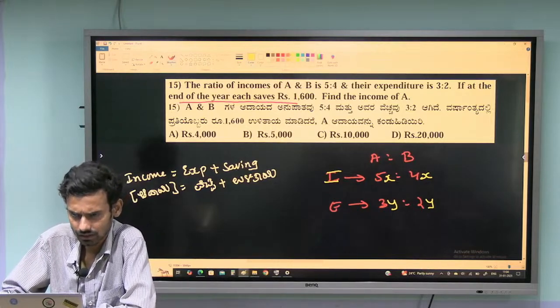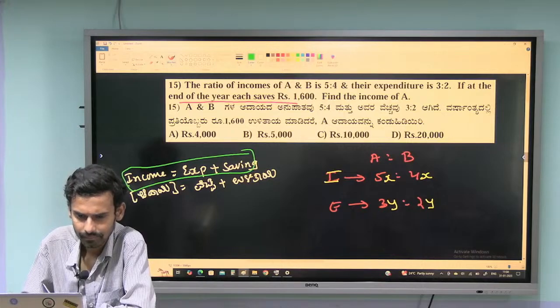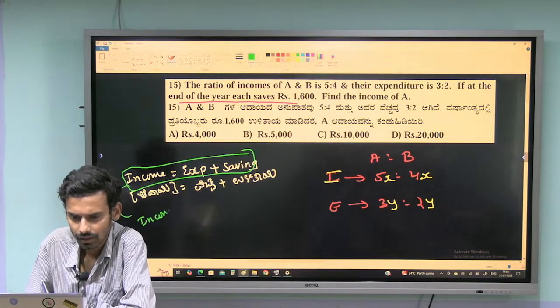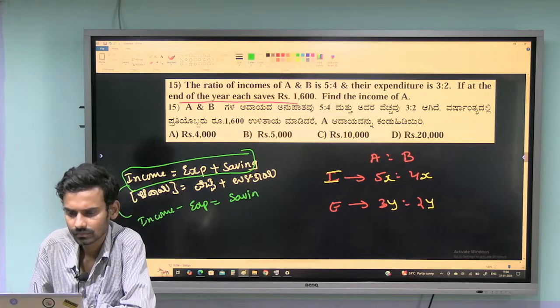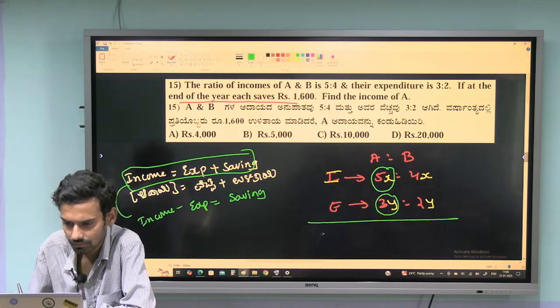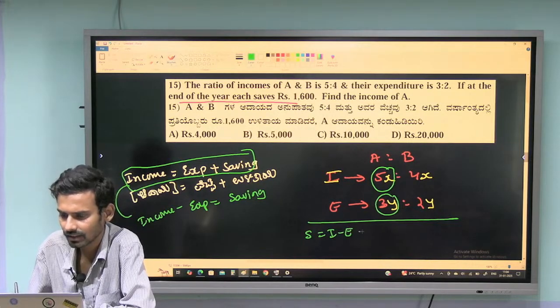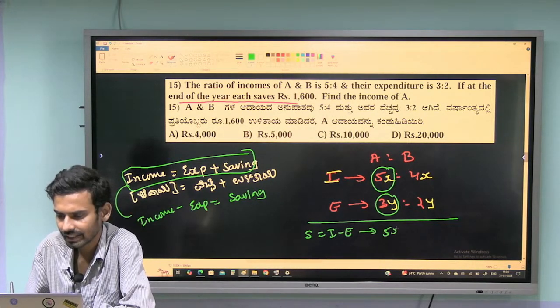Now how to find savings? From this equation, can I say income minus expenditure will be equal to my saving? Saving is equal to income minus expenditure. For A, it will be 5x minus 3y and for B, it will be 4x minus 2y.